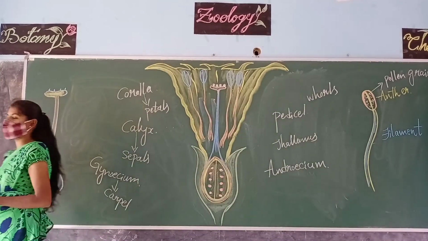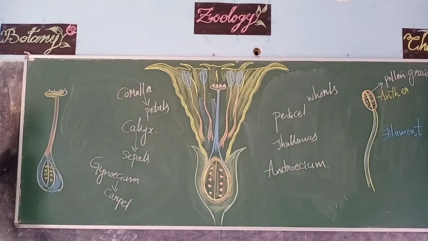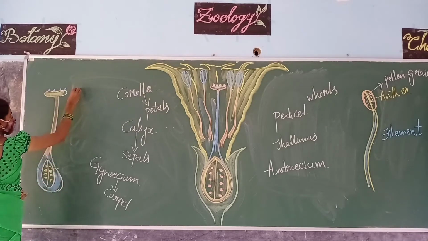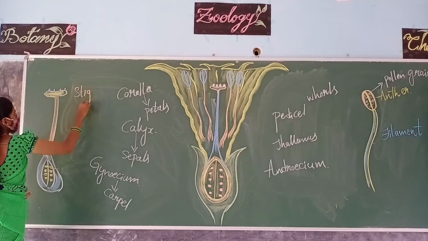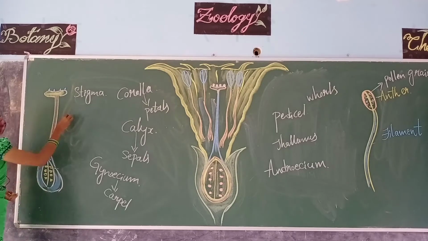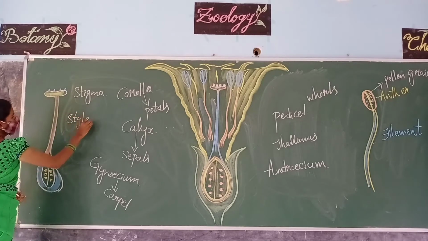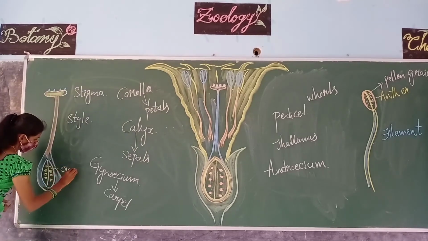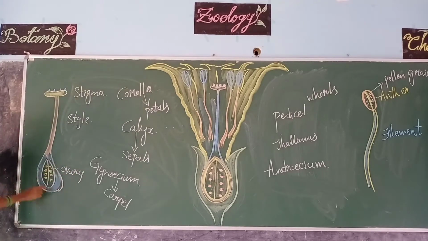This shows the structure of a gynoecium consisting of 3 different parts. The top head of this gynoecium or carpel is known as stigma. Stigma is connected with a tube-like structure known as style. Stigma, style connecting to ovary. This complete part is ovary.